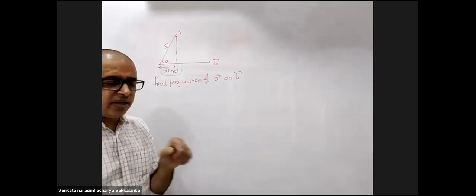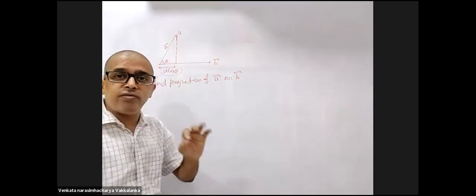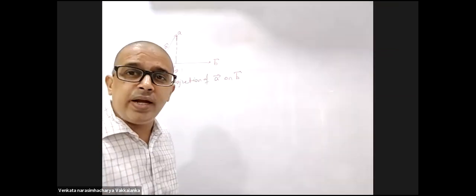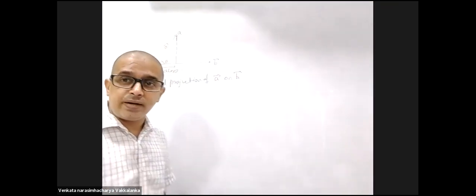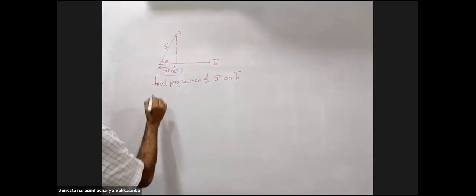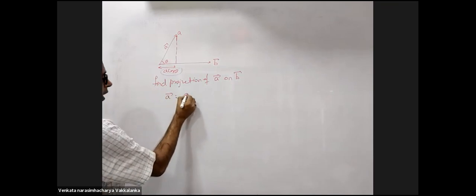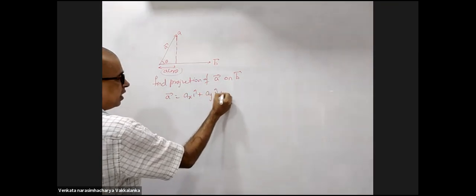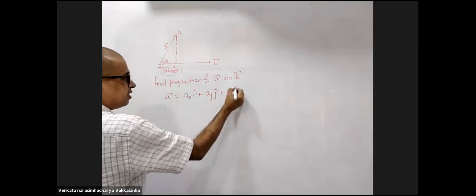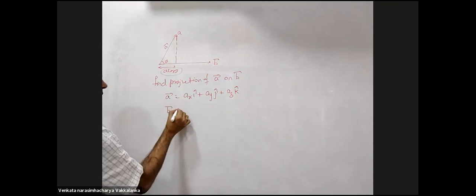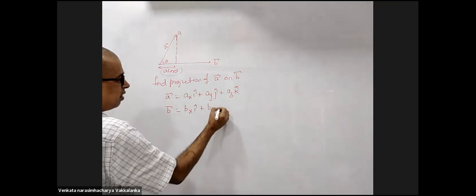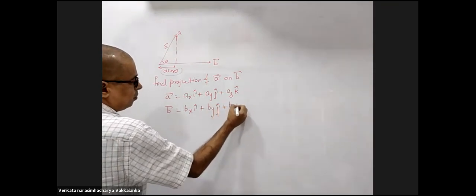My trouble comes if I give you A and B in terms of Cartesian coordinates, rather position vectors. Suppose I give you A as AX i cap plus AY j cap plus AZ k cap, and B as BX i cap plus BY j cap plus BZ k cap.